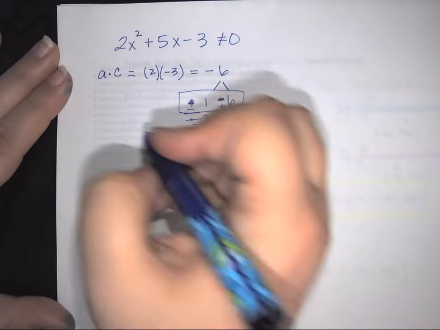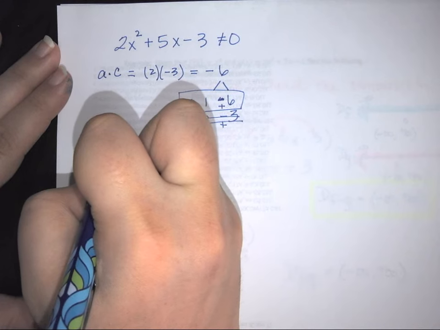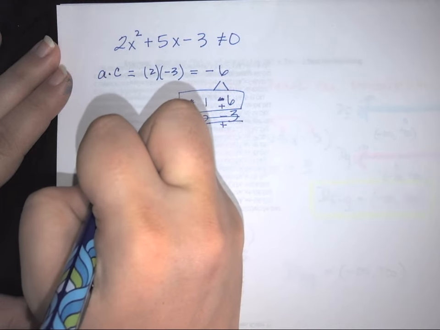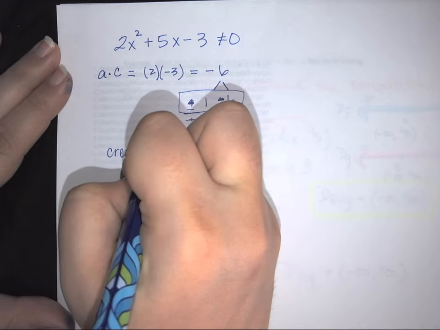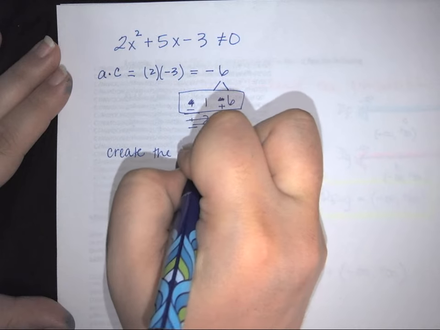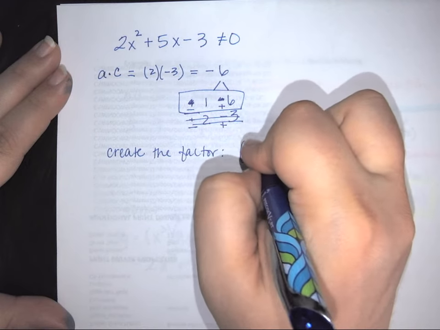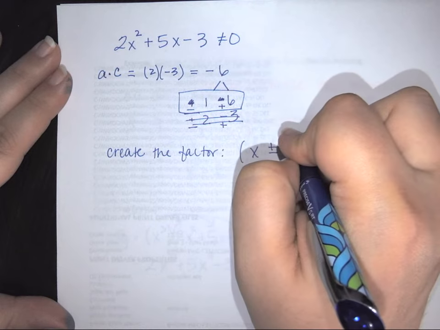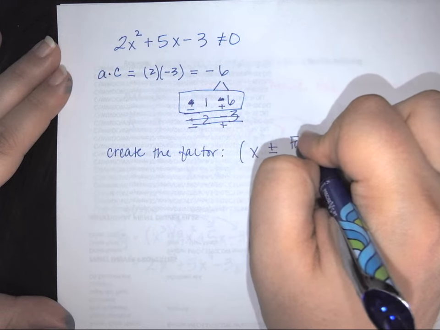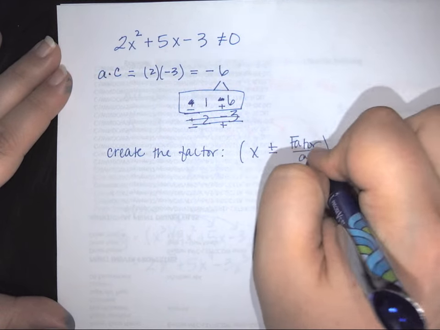Bottoms up says the first thing you want to do is create the factor part, which says we're looking at the form x plus or minus the factor over the a term.